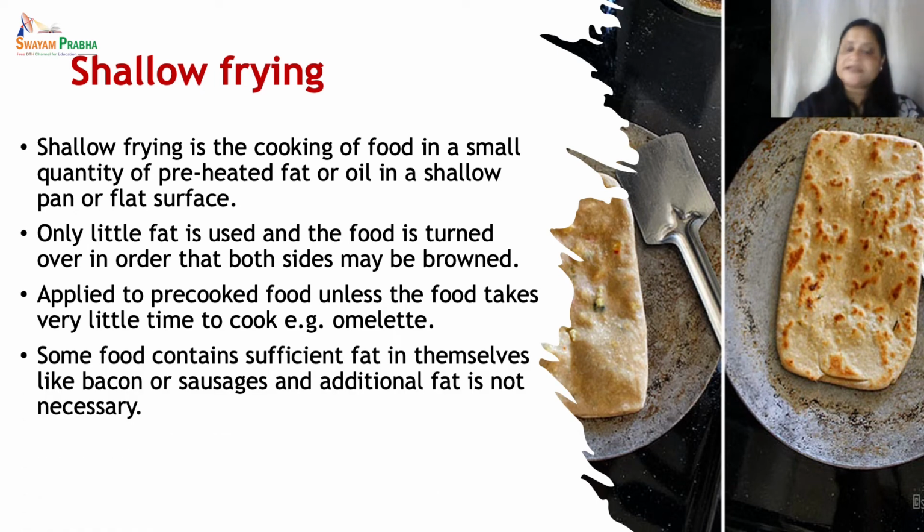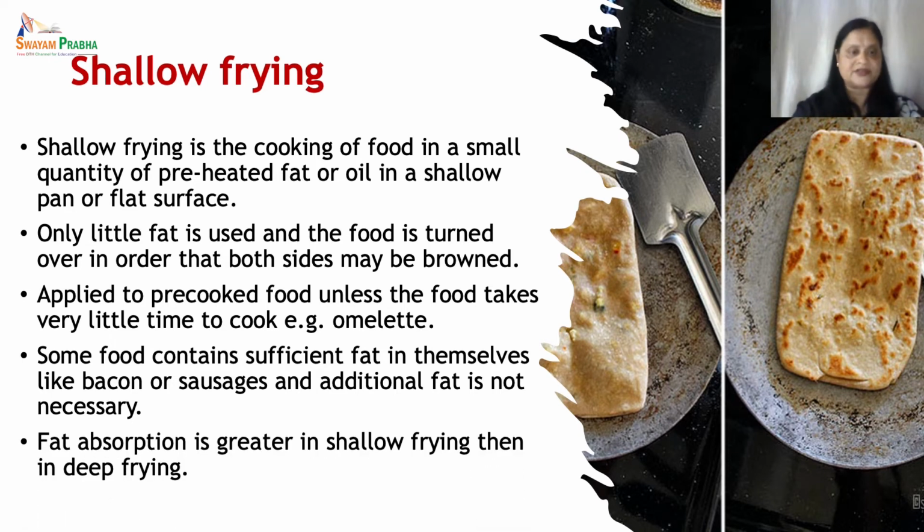Generally, this method is applied to pre-cooked food unless the food takes very little time to cook, for example, omelette. Some foods contain sufficient fat in themselves, like bacon and sausages, and additional fat is not necessary. Fat absorption is greater in shallow frying than in deep frying.